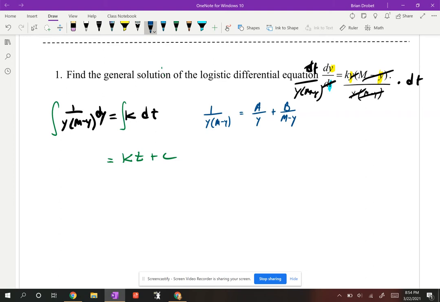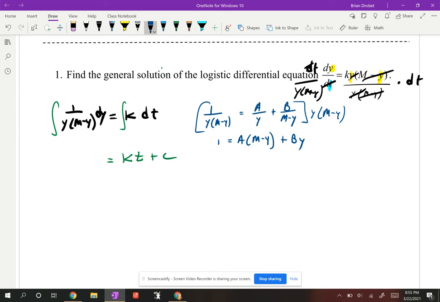So I'm trying to split the fraction. I'm going to multiply through by the common denominator, and I end up with 1 is equal to a times m minus y plus b times y. So I took that equation and I'm trying to find the a and the b, and I'm just going to multiply through by the common denominator of y times m minus y.